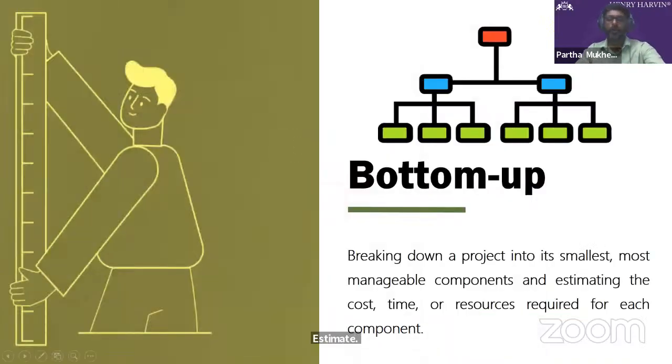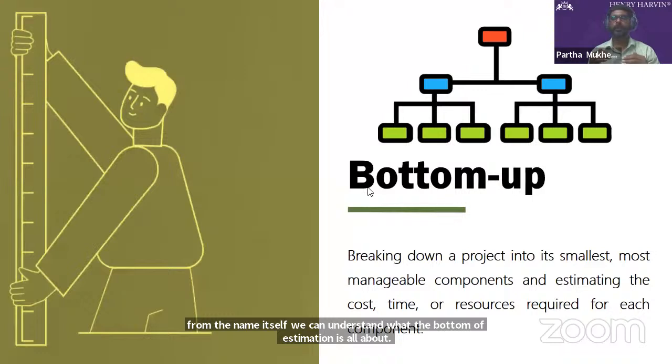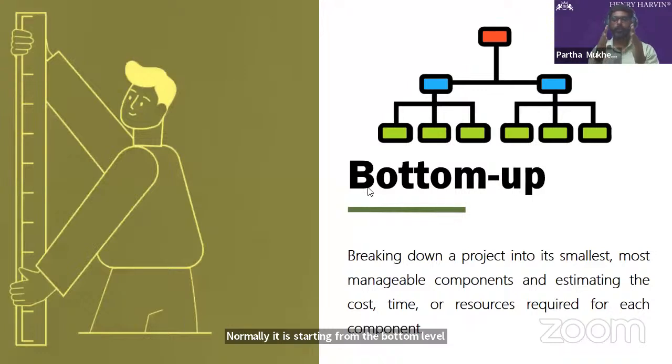One of the popular estimation techniques we have is known as bottom up estimating. From the name itself, we can understand what bottom up estimation is all about. Normally, it starts from the bottom level and goes upwards.